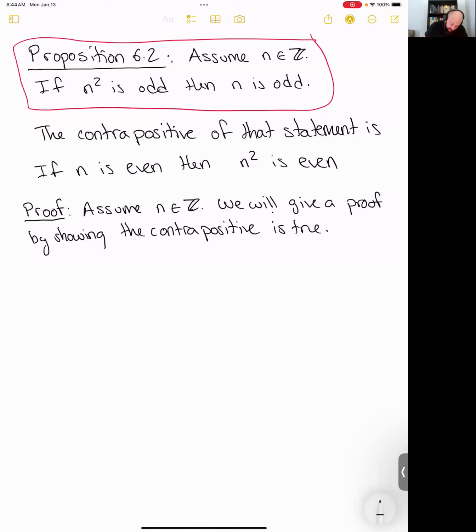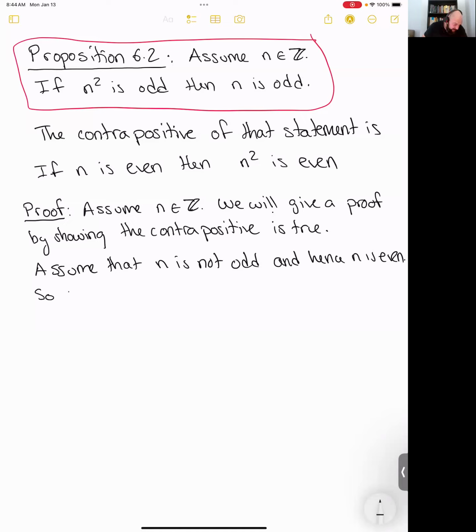So then now we assume that n is not odd, and hence n is even. Here, I am being very explicit about this, but you could have just said that n is even if you want.